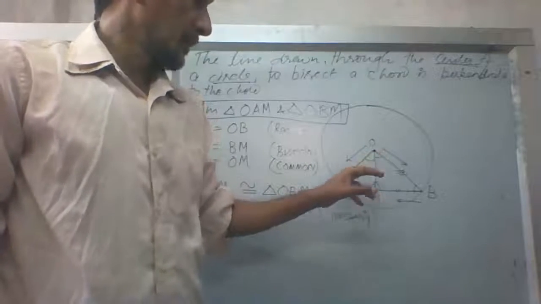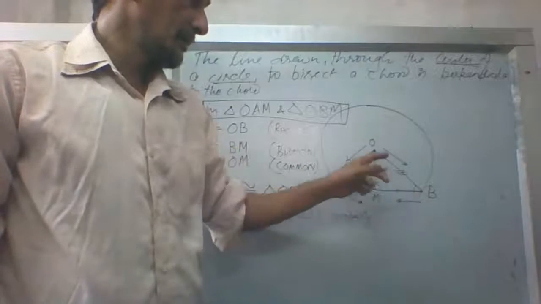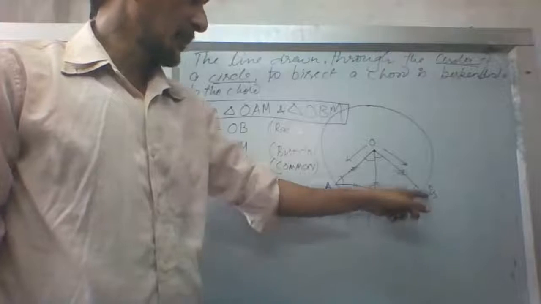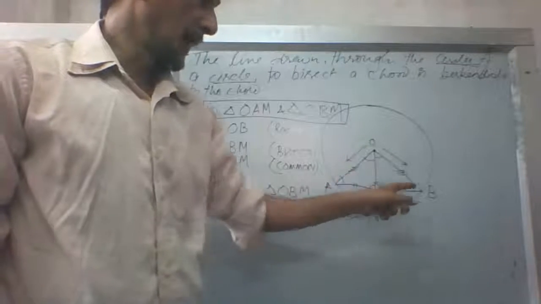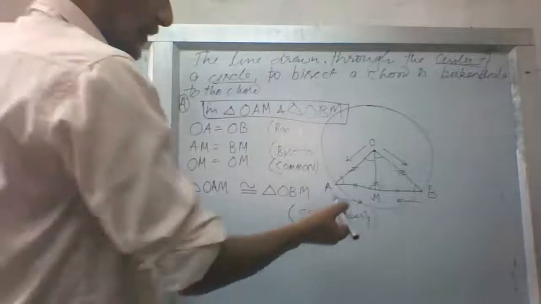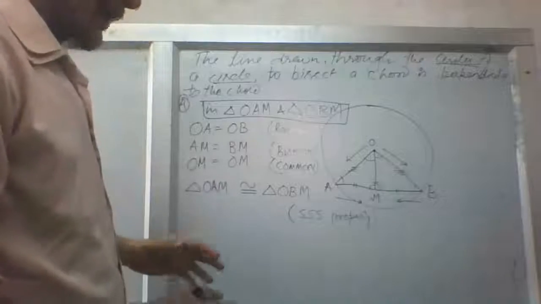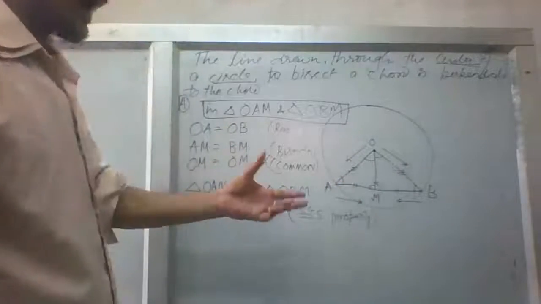Angles are also same. But similar angles means A is equal to B, AOM is equal to BOM, OMA is equal to OMB. Now, how will you say that this is 90 degree? Although you have come to know that this angle is equal to this angle, and it is 90 degree, how will you write it?